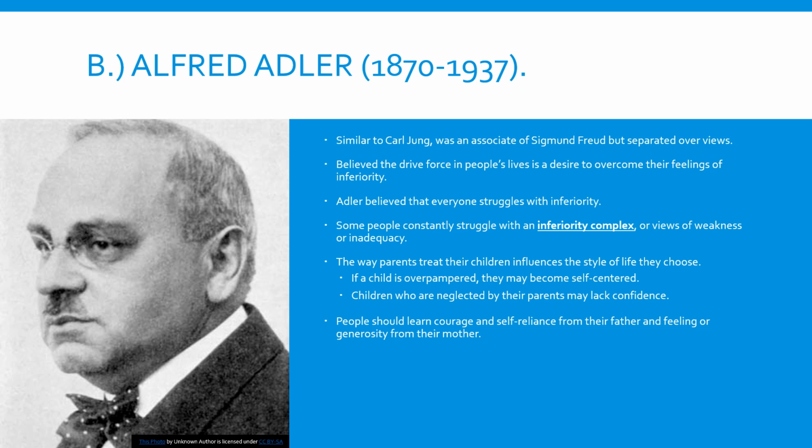When we are children, we depend on our parents or older adults, and eventually we learn to do things that older people can do, such as walking or holding a spoon. But if a child is over-pampered, they may become self-centered. If they are neglected by their parents, they may lack confidence. So people should learn courage and self-reliance from their father, and feeling or generosity from their mother. So how you are raised impacts your personality. That was the view of Adler.